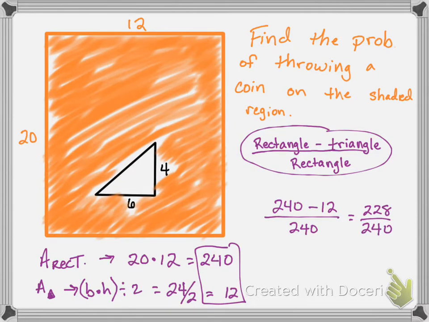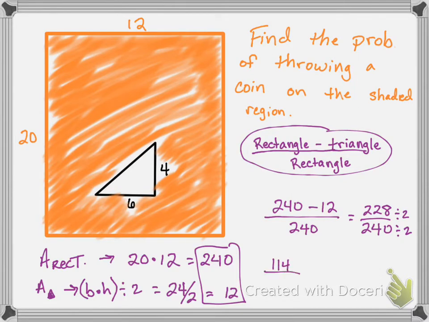Okay, my question is, will that simplify? What's one thing that you know will go into both of those? 2. They both will have 2 go into them. Good, Tyrell. So if I divide both of these by 2, 228 divided by 2, what is that? Is that 114?